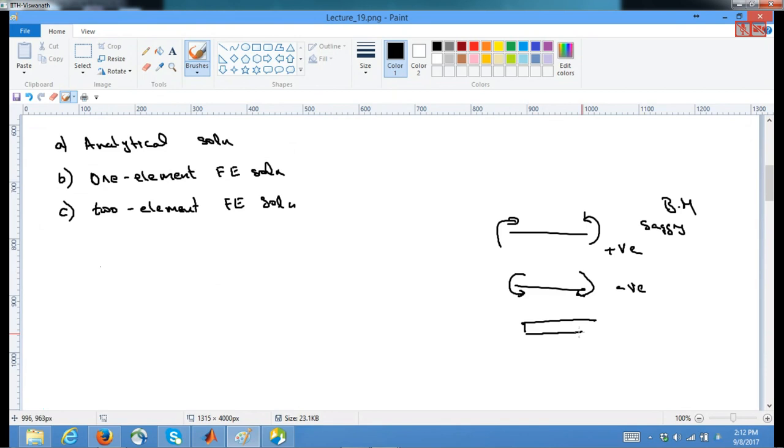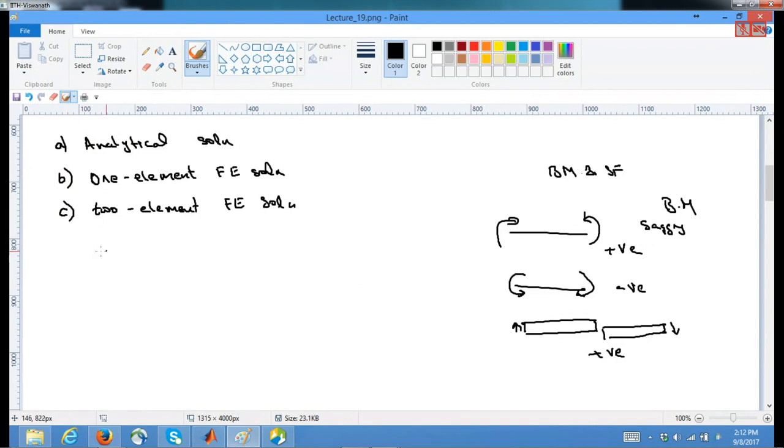The shear force would be positive in one sense, and vice versa. This is the sign convention for the bending moment and shear force.